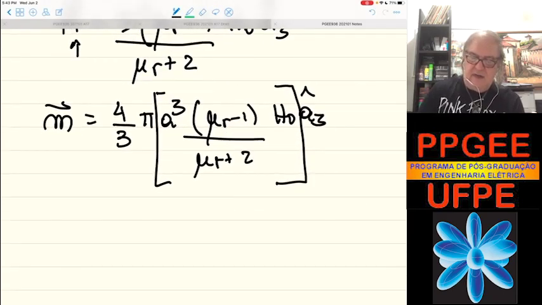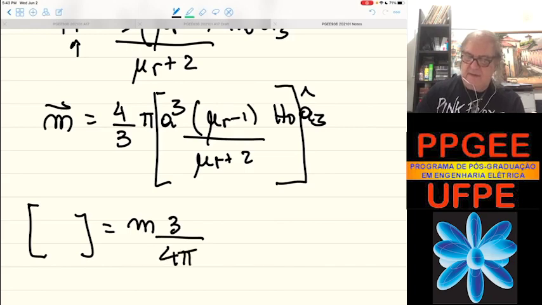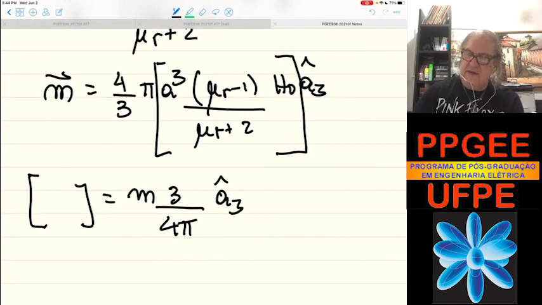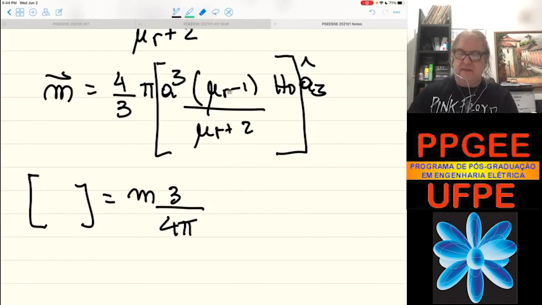So this term here equals M times 3/4 pi AZ, right? That's what we have. I mean, the factor is just the magnitude. 3M divided by 4 pi, that's this term here.